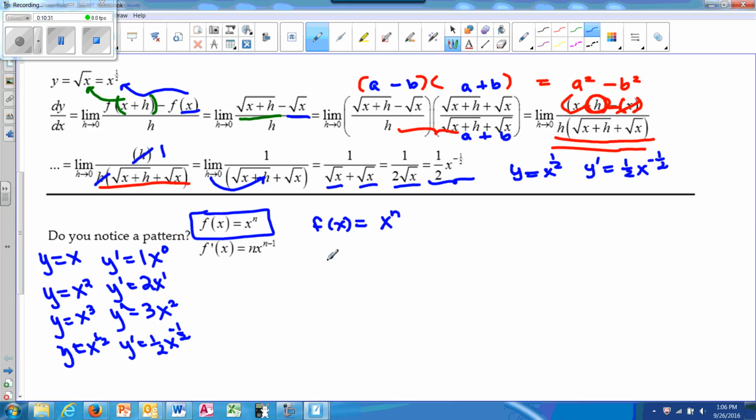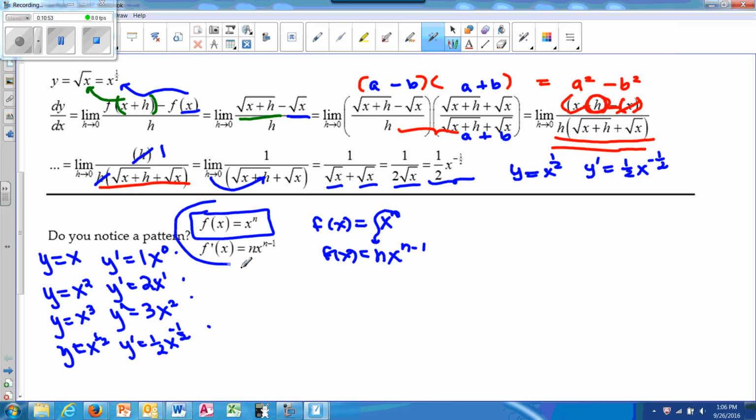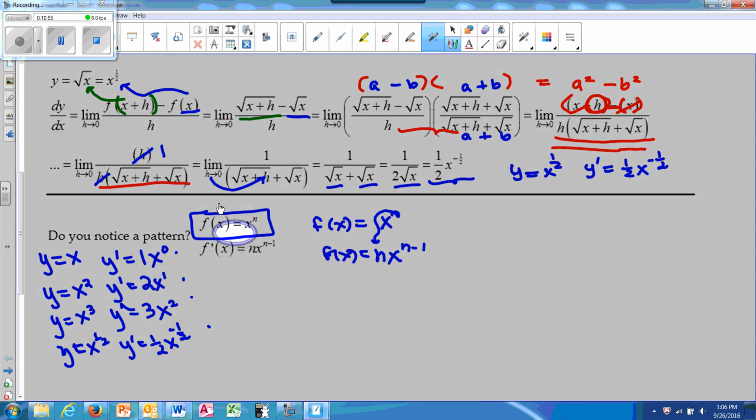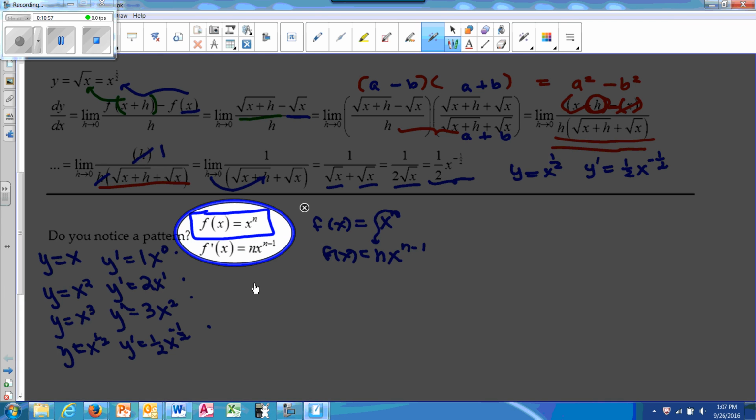If we have a polynomial function or an x raised to a power by itself, our process for finding the derivative was to bring the n down, and then we reduce the power of each by 1.